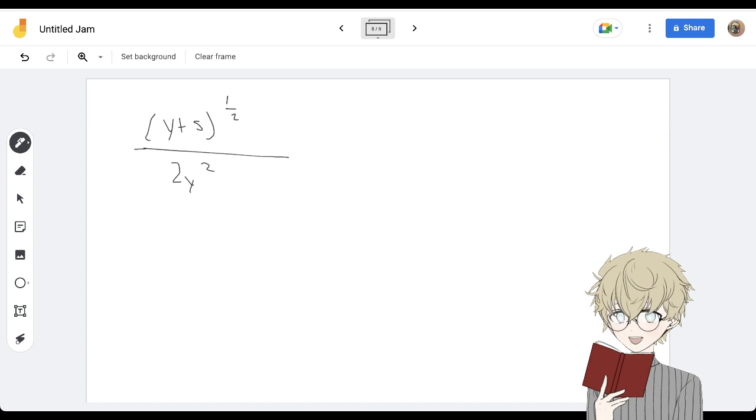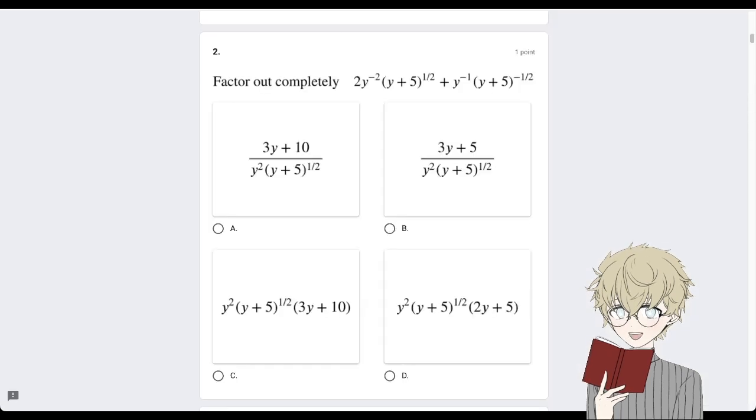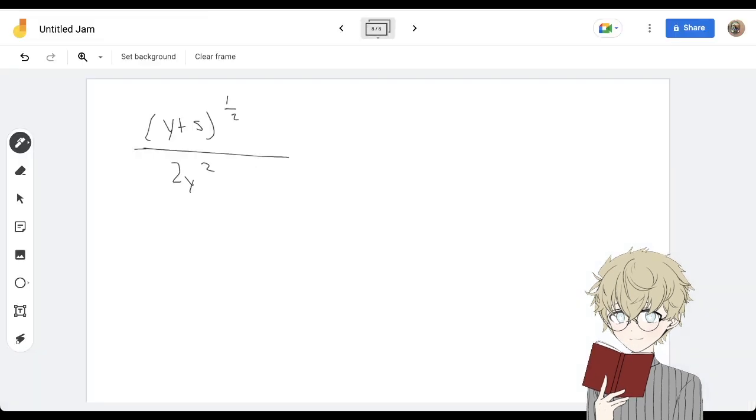Now the reason why I'm keeping its power of 1/2 and not doing anything to it, because fractions mean roots, so you can make the square root, is because, as you can see here, there's no square roots, and they use it to the power of 1/2, so you don't need to make down the square roots.